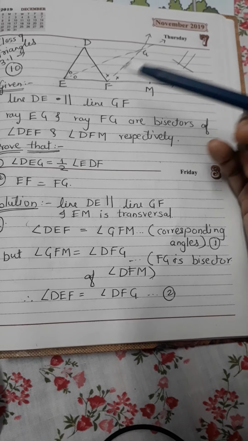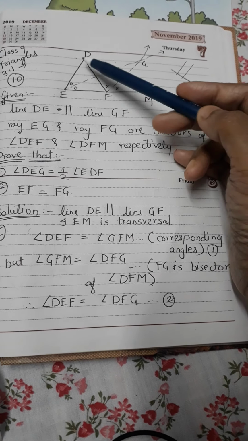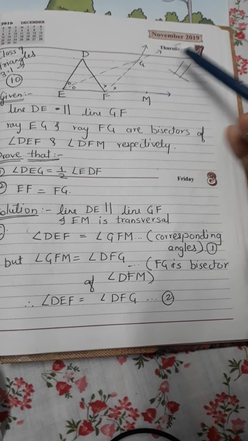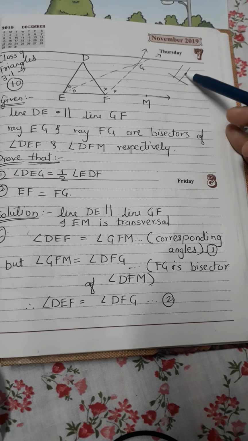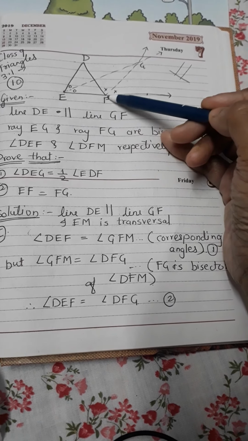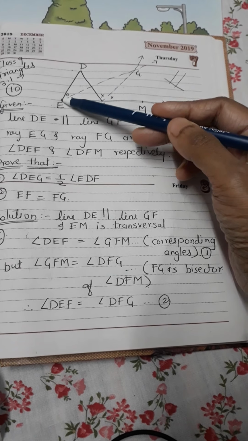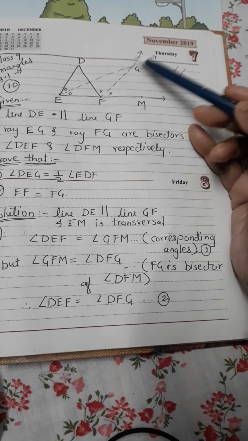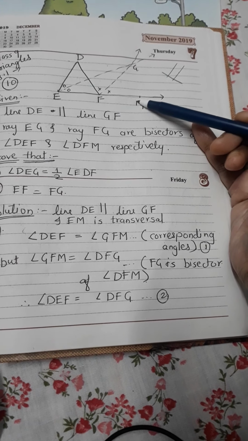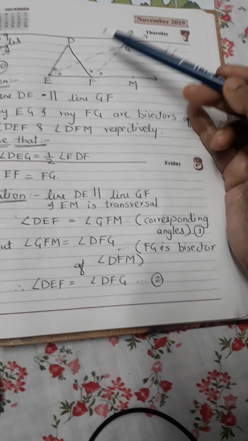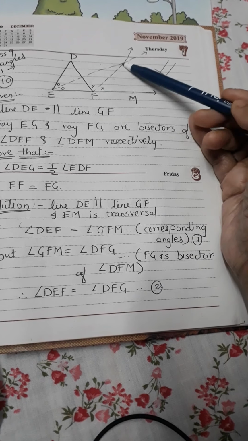Now angle DEF will be equal to GFM. We have studied corresponding angles, so this angle will be congruent to this angle. In the same way, DEF is equal to GFM. Why? Because they are corresponding angles. Now GFM will be equal to DFG.